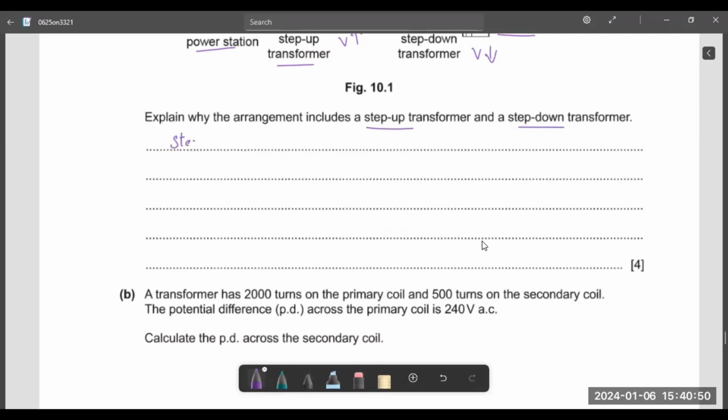So here the step-up transformer is used to increase the voltage and lower the current value. It helps in reducing the energy losses.